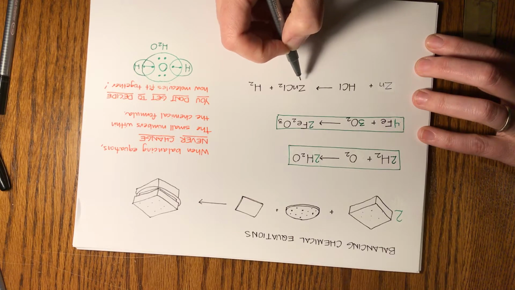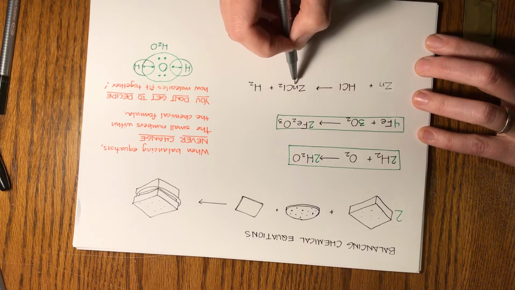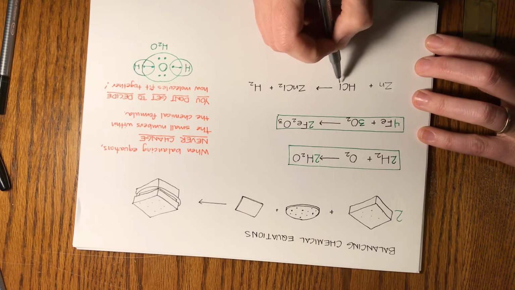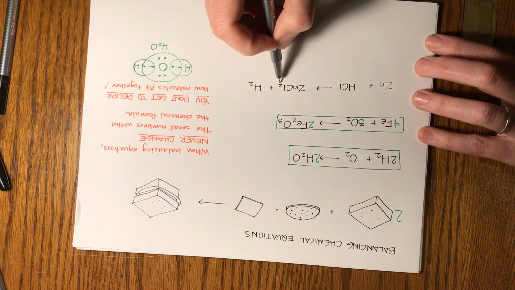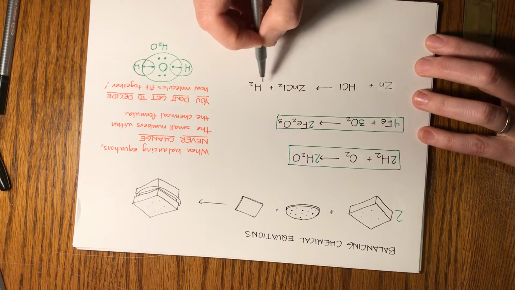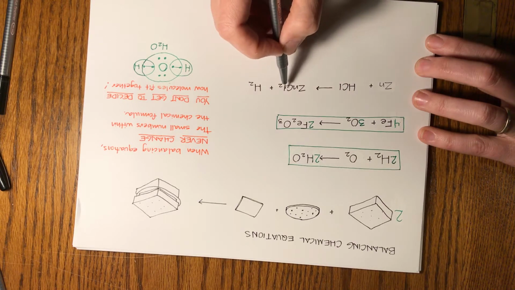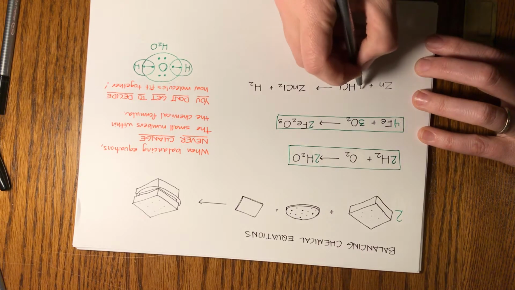Y'all remind me. So let's balance this equation. Let's find a problem first. 1 zinc, 1 zinc. That looks good. 1 chlorine, 2 chlorines. That's not okay. So here we have a problem. We also have H2 here, but only 1 H there. So let's start with the first problem we found, 2 chlorines here.